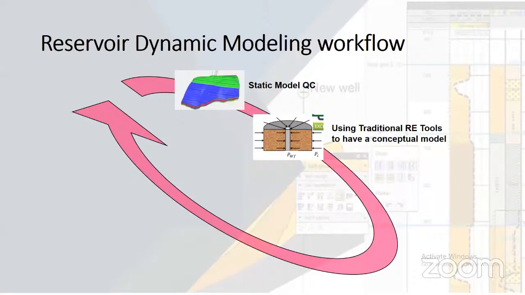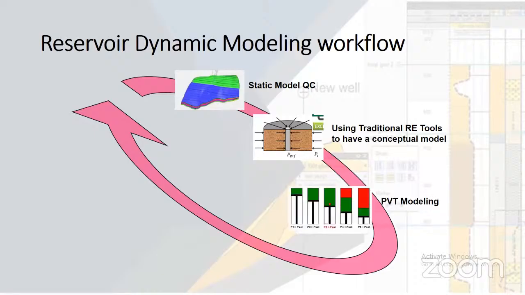In the static modeling, we have the conceptual model for the depositional environment of our reservoir. Also, the simulation engineer should have a conceptual model of his reservoir using the traditional analytical methods like material balance, well test, decline curve analysis, and so on.